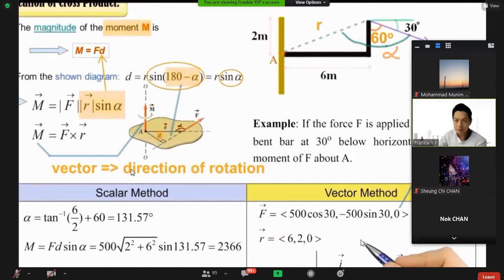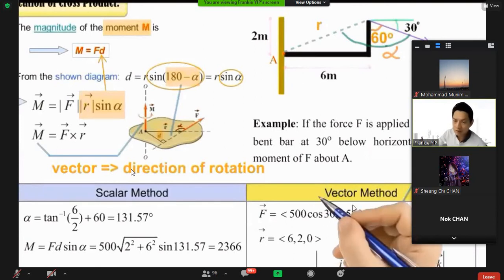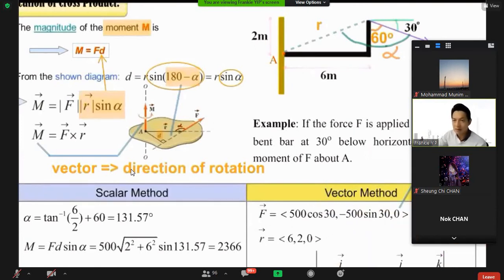First of all, I think about this F should be 500, but this is 2D. So when I write down the expression of the vector F, I write 500 cosine 30 degrees pointing in the x direction, the horizontal direction. How about the y-axis?